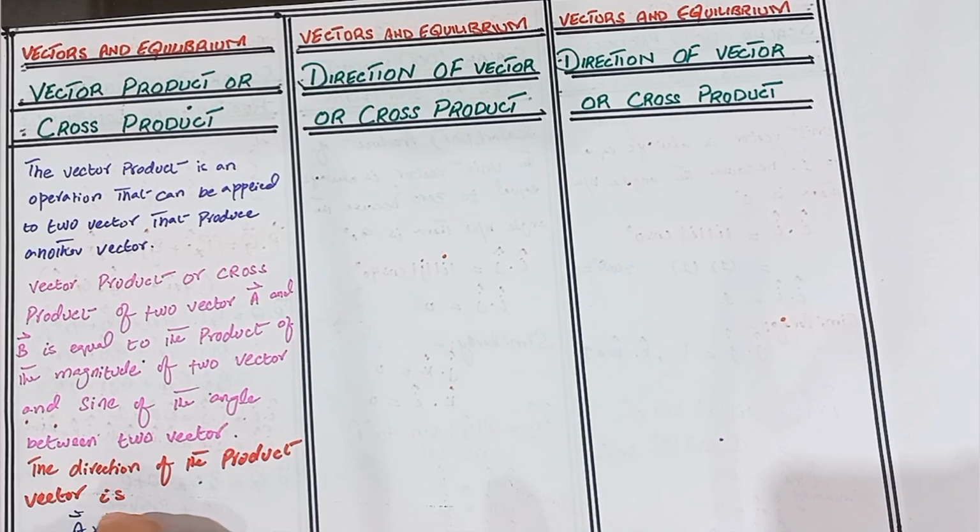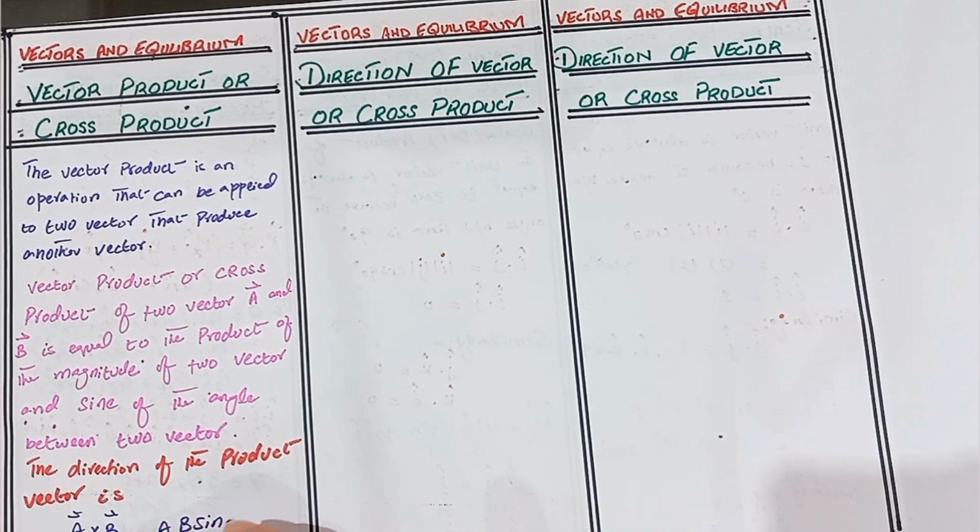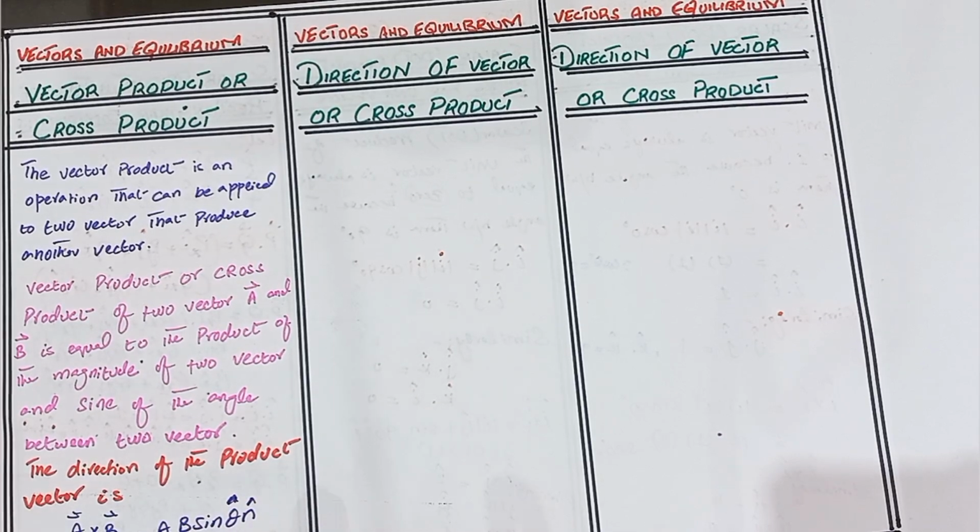A cross B is equal to A B sine theta and unit vector n.